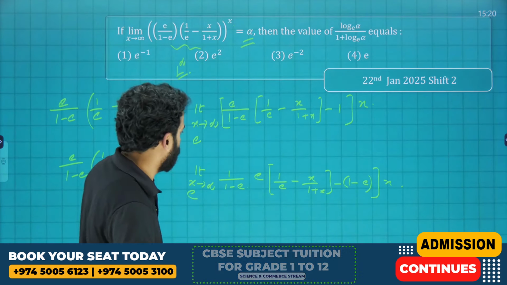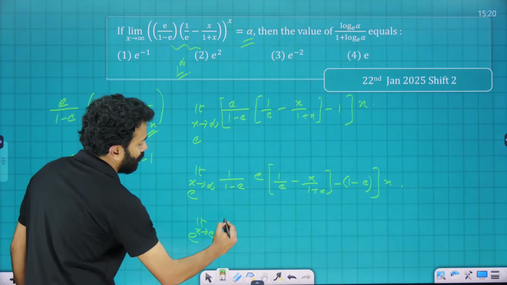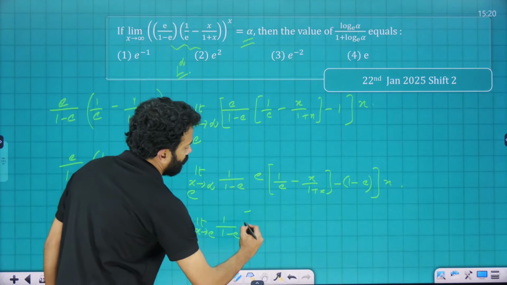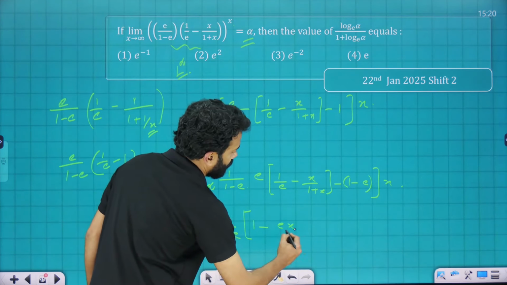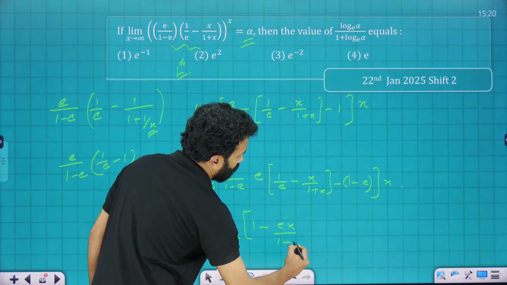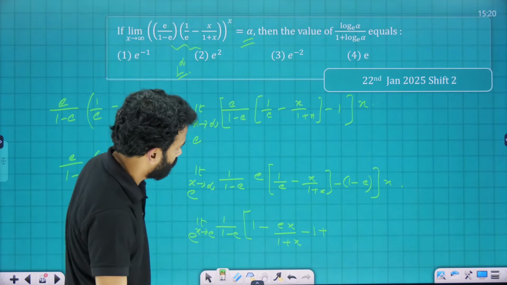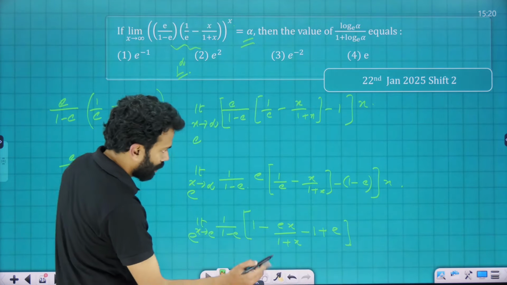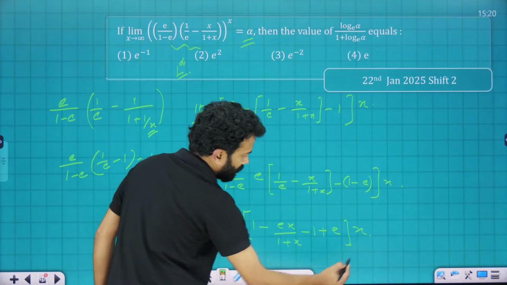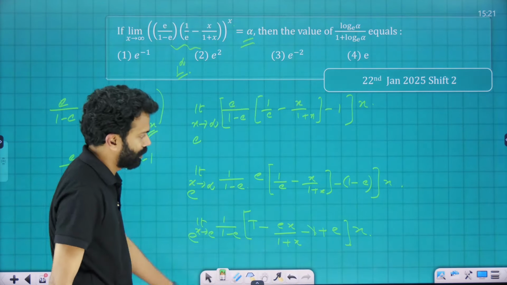Just open the bracket and what will we get? That is e raised to limit x tends to infinity 1/(1−e) · (1 − ex/(1+x) − 1 + e) into x. That 1 and this minus 1 got cancelled.